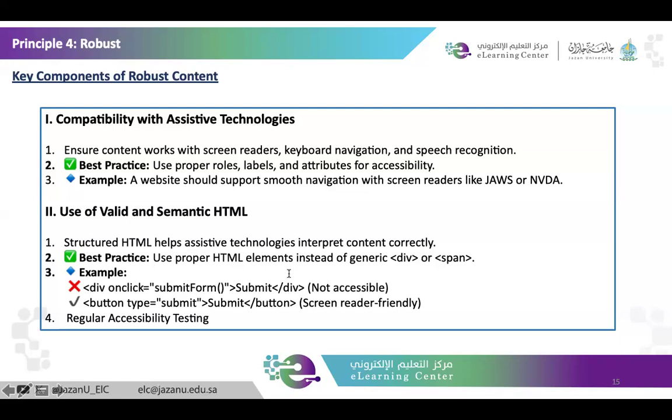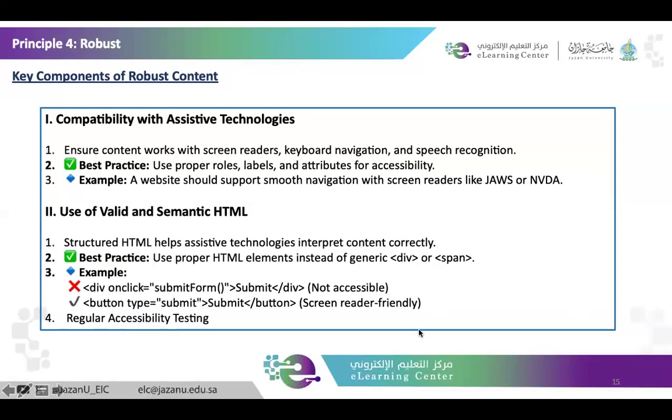The best practice is to ensure web elements have proper roles, labels, and attributes so assistive technology can interpret them accurately. For example, a website should allow the user to navigate the menu, fill out the forms, and read the content smoothly with a screen reader like JAWS or NVDA. These are two kinds of screen readers which can help read the screen for disabled users.